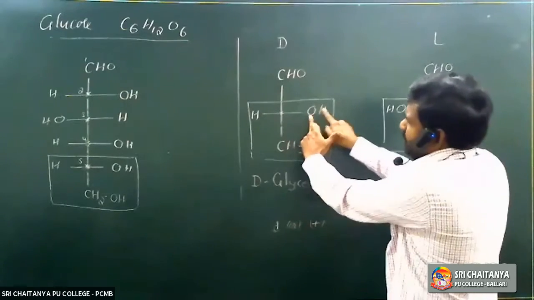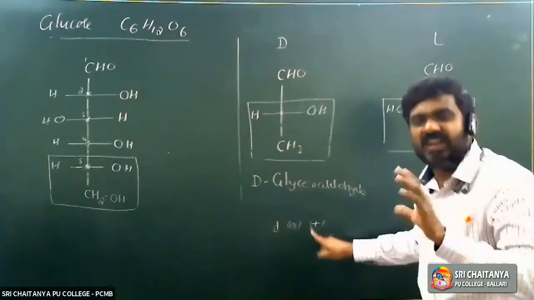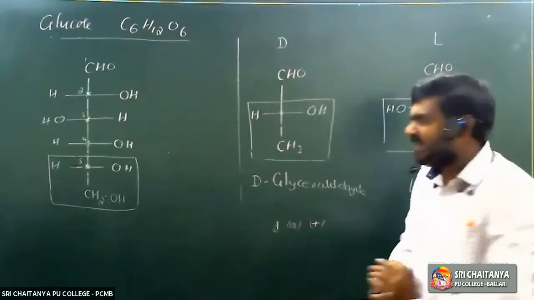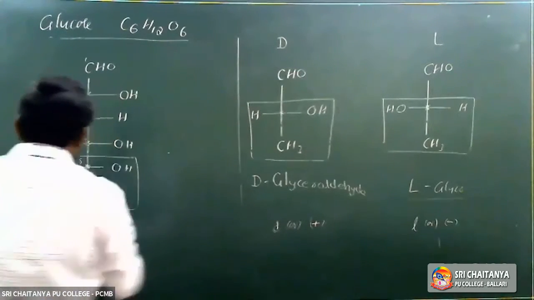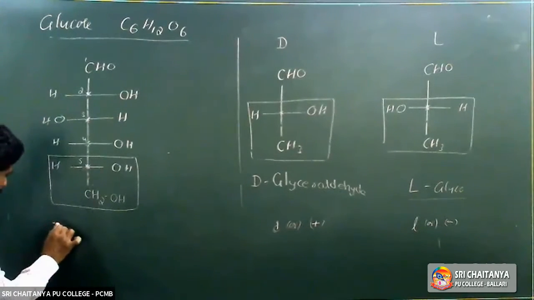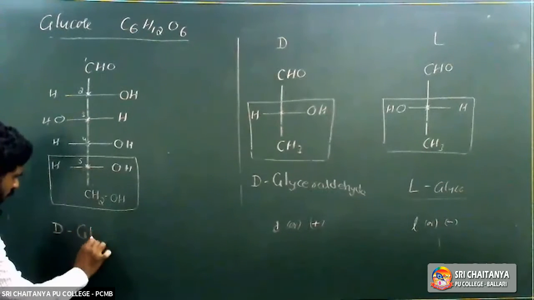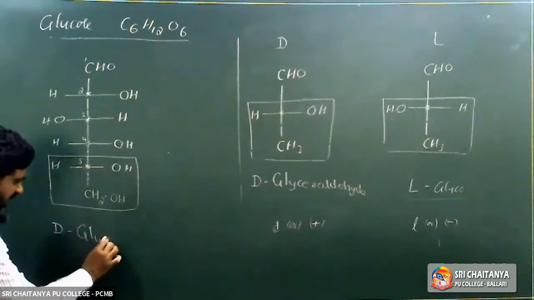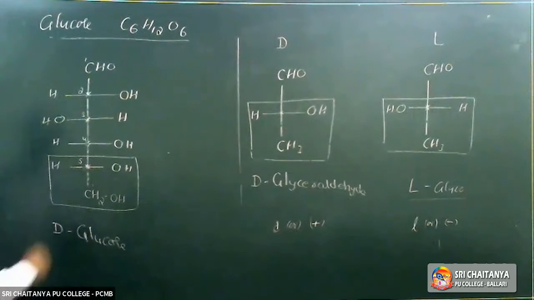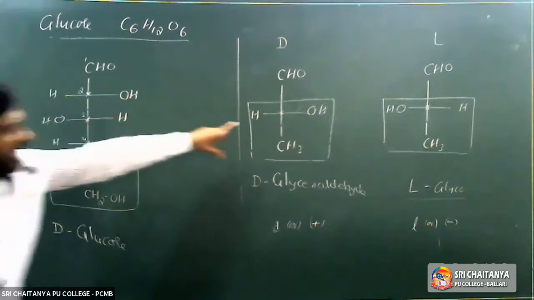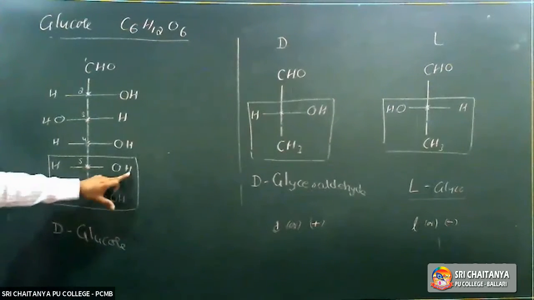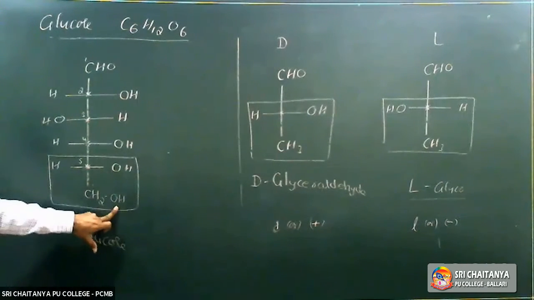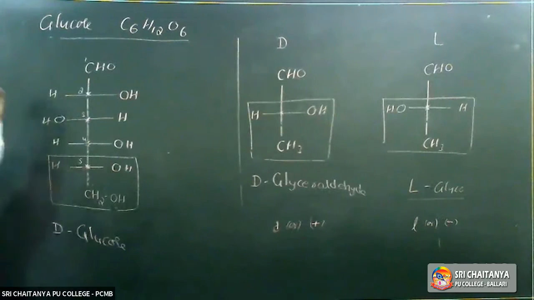Here, if OH is present on the right hand side on the highest asymmetric carbon, as in glyceraldehyde, it is considered capital D glucose. It is orientation, meaning the OH arrangement on the right hand side. What is capital L?